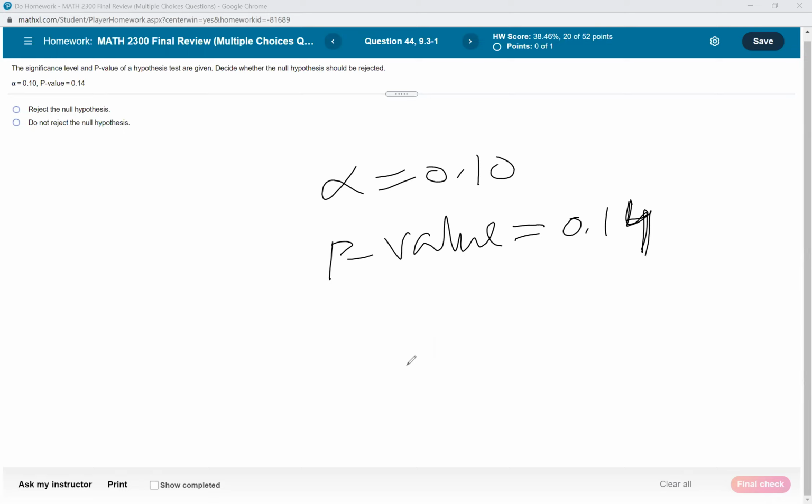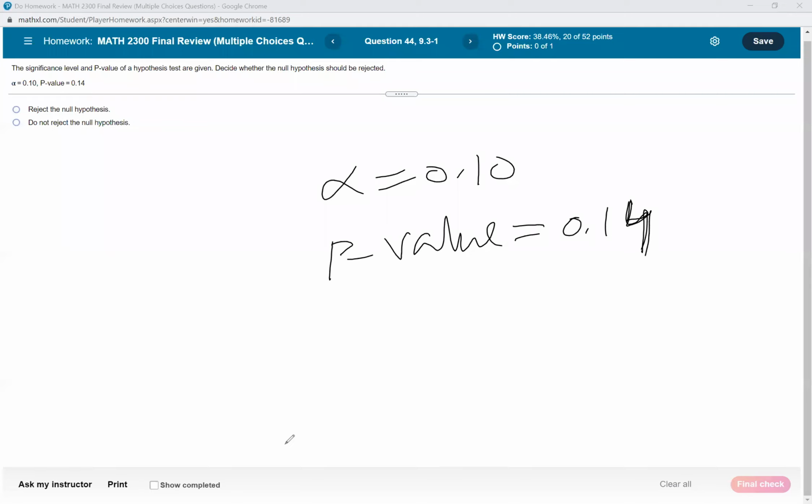So what do you think? Should we reject the null hypothesis or fail to reject the null? Anyone? Should we reject or fail to reject? Anyone?